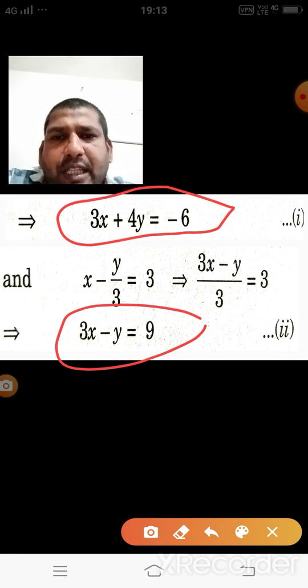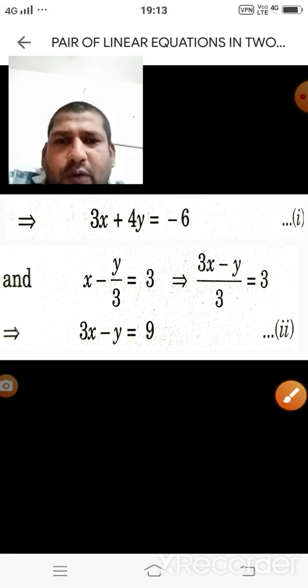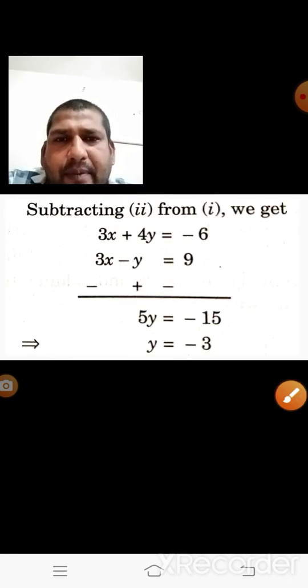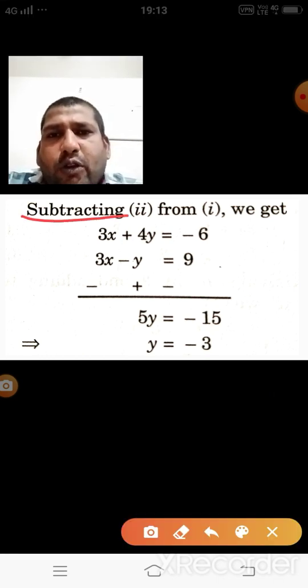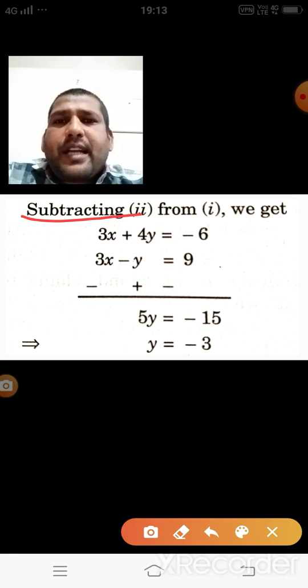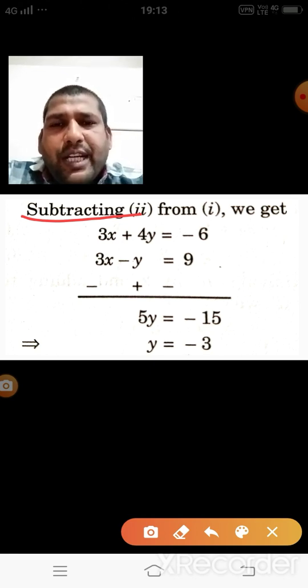What we observe in these two equations is that the coefficient of x is the same, and if the coefficient of x is the same, then we subtract these two equations. If the coefficients are not the same, then we make the coefficients equal.